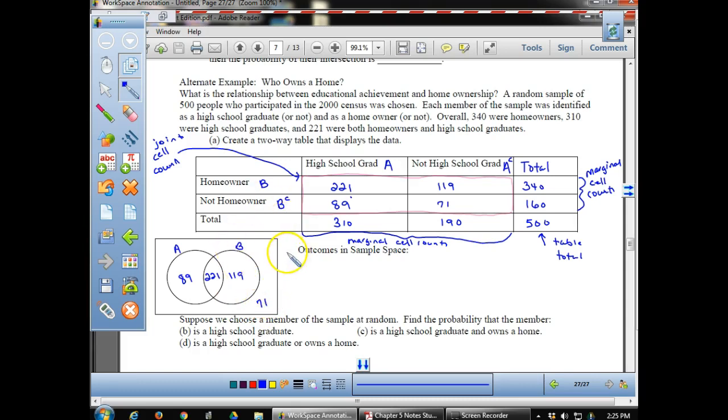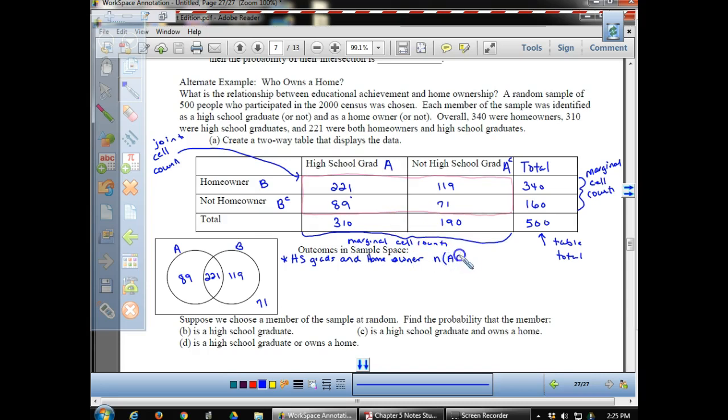Now we have four outcomes. I want to talk about what those four outcomes are. We have high school grads and homeowners. And the number of those, so this is the number of A and B, and that's going to be 221.